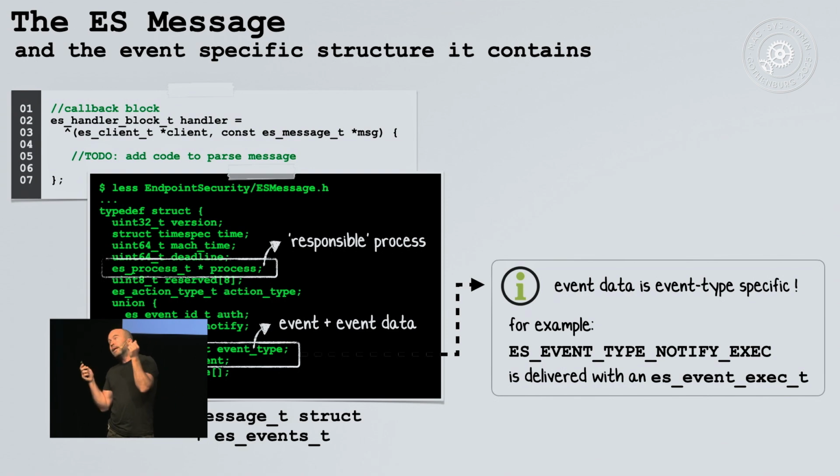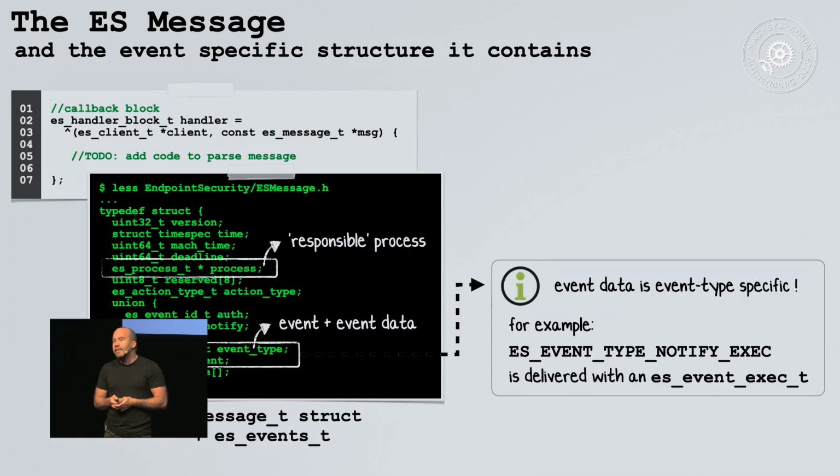So imagine we have created a file monitor. We've subscribed to file events. If anybody anywhere on the system creates a file, we'll get an alert, and the responsible process, as its name implies, will have the name of the process, whodunit. This is good, right? We can see, is this a system process creating a file? Or is this malware creating a property list, for example, to persist as a launch item?